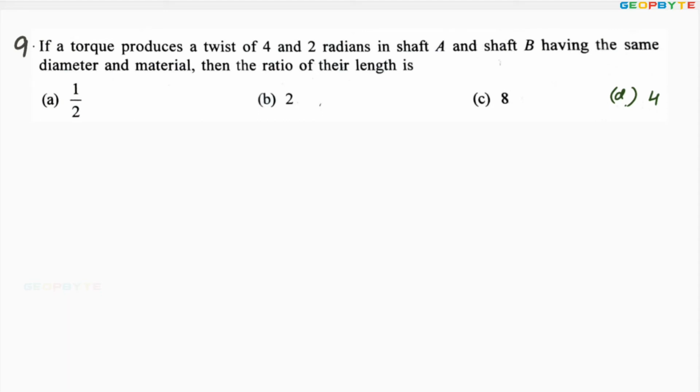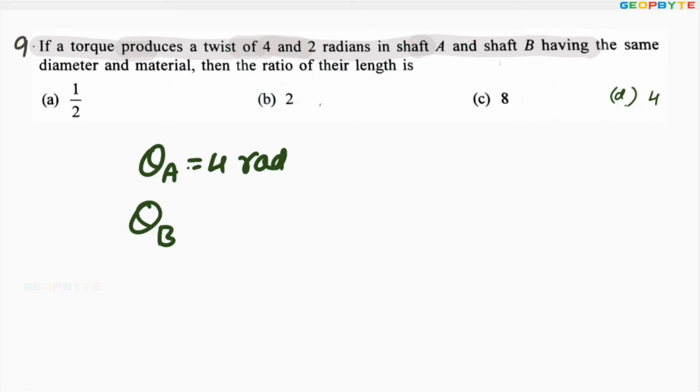Look at the ninth problem. These are all very, very important problems. Ninth problem is, if a torque produces a twist of 4 and 2 radians in shaft A and shaft B, that means angle of twist for A is given as 4 radians, and angle of twist for B is 2 radians.